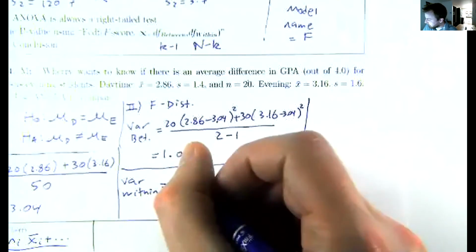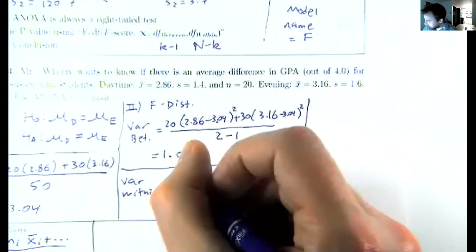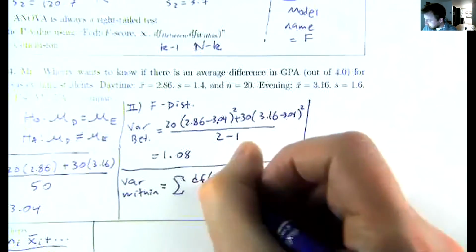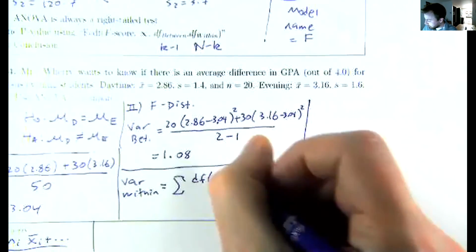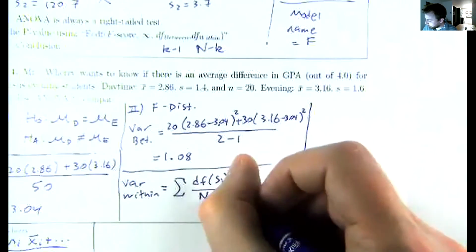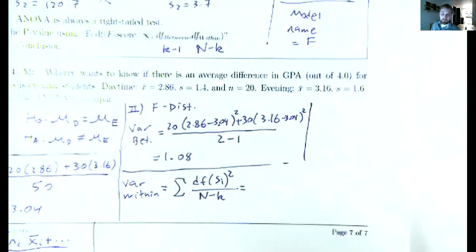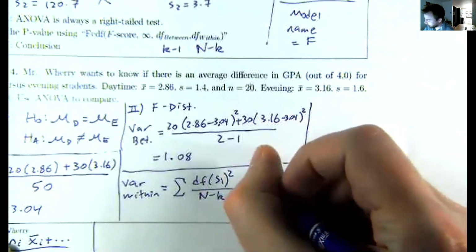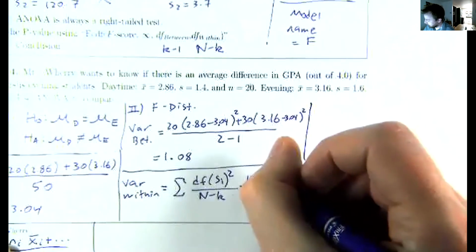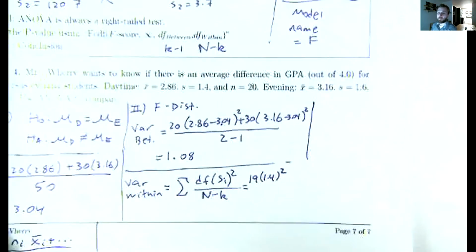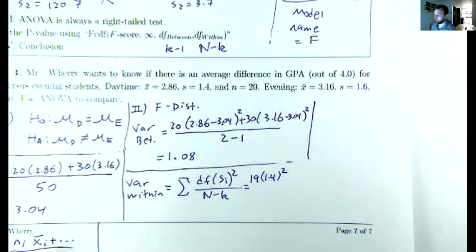To do this, I'm going to take the sum of each of the degrees of freedom times those variances, divided by the total number of terms minus the number of groups. My first degree of freedom is 19 with a variance of 1.4 squared. I'm squaring the standard deviation.